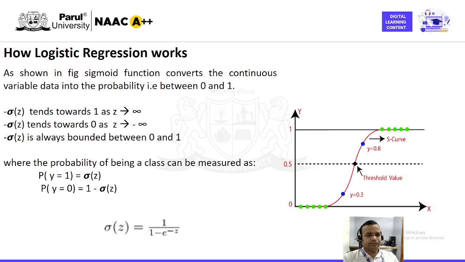You can see one of the pictures here: as in this figure, the sigmoid function converts the continuous value variable data into probability, which means 0 and 1.